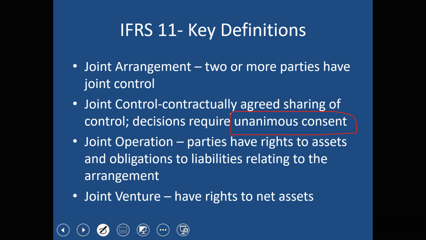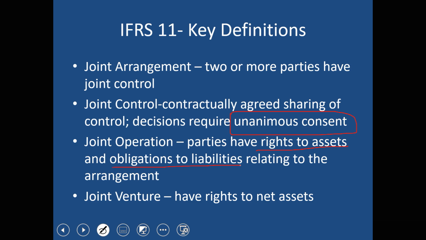Now, we'll find out soon that we have joint operation and joint venture. With joint operation, the parties have rights to assets and obligations to liabilities relating to their joint arrangement. But with joint venture, they have rights to the net asset. Here, in joint operation, there are rights to assets and obligation to liabilities.